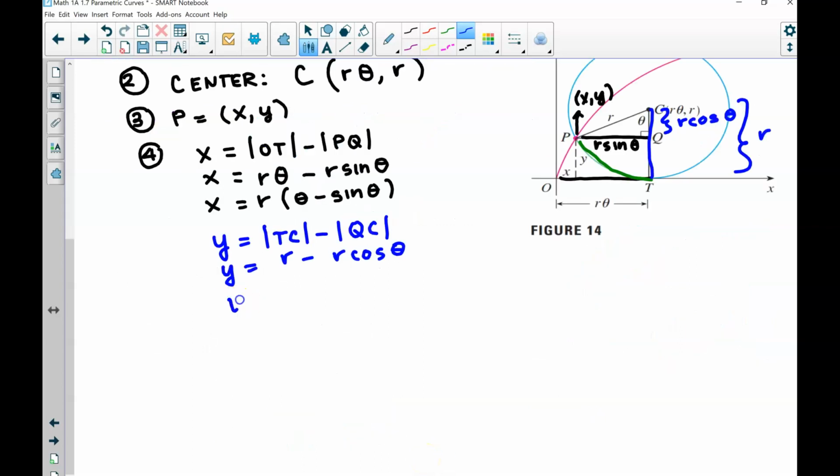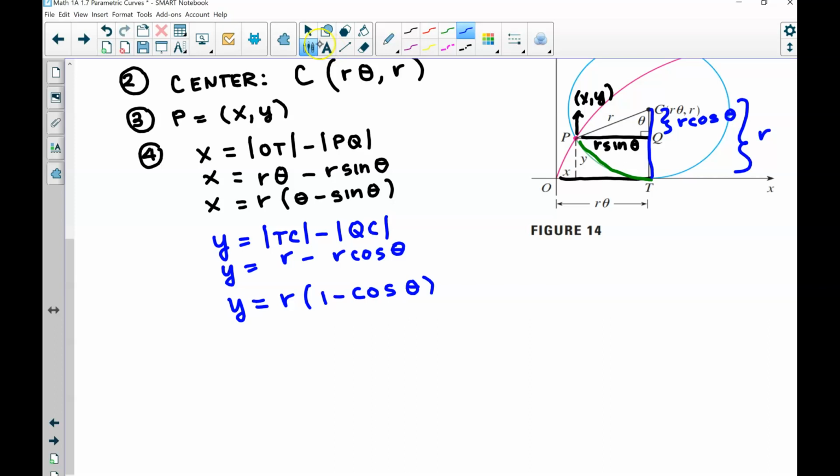Ultimately, our parametric equation for Y is R times 1 minus the cosine of theta.